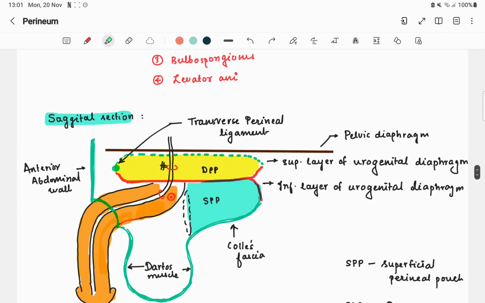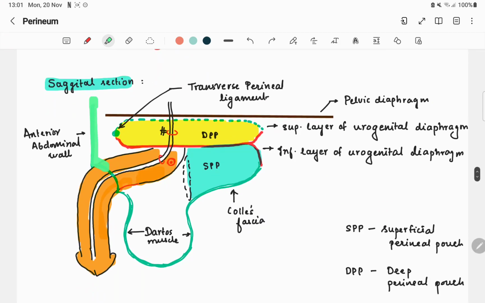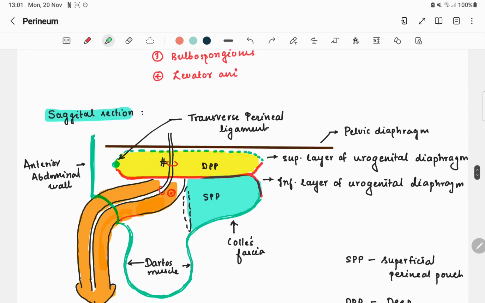Okay, we have the anterior abdominal wall going up like this. And here you have a transverse perineal ligament which is going into the plane of the paper. This is the superficial layer of your urogenital diaphragm, and this red one is the inferior layer of your urogenital diaphragm.